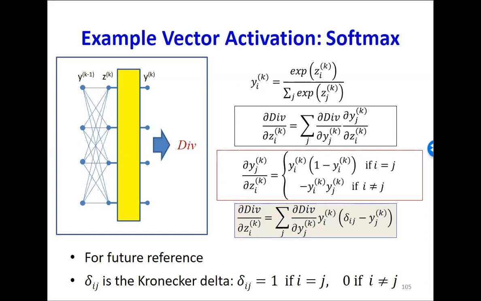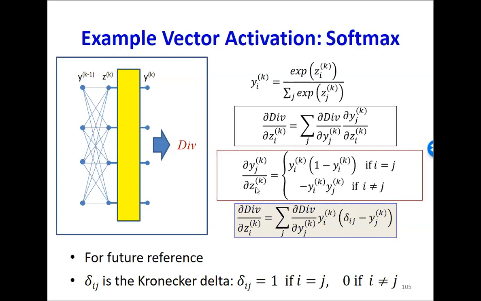We actually get a derivative which is going to be different for each of the y's. Every one of these y's is going to be influenced by z. When you compute the derivative of the divergence with respect to z, you're going to be summing over all of these y's the derivative of the divergence with respect to y times the derivative of y with respect to z.